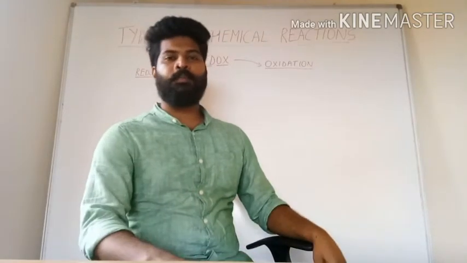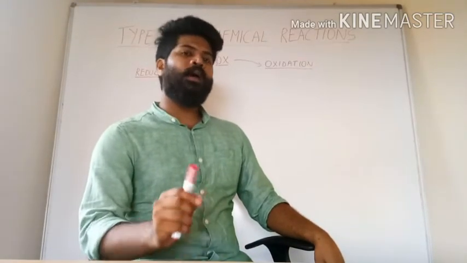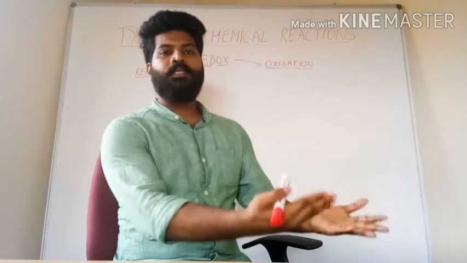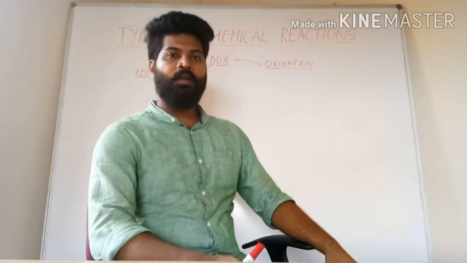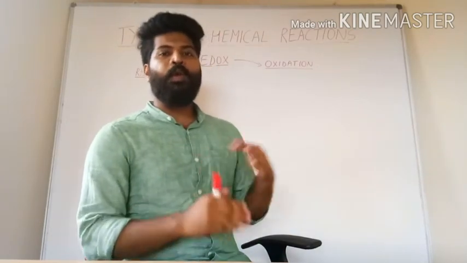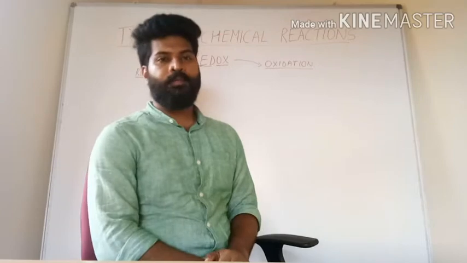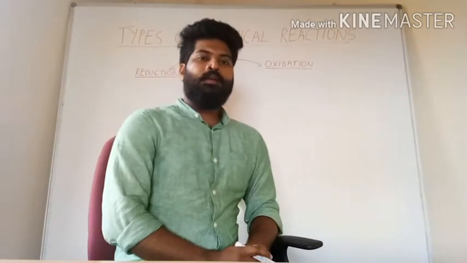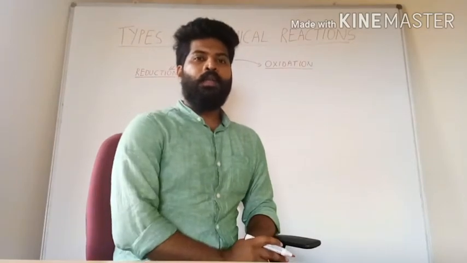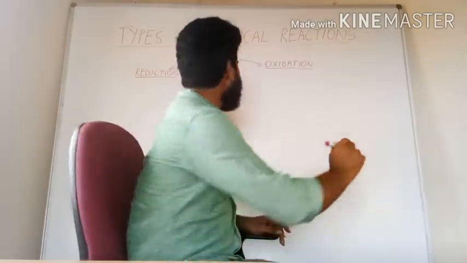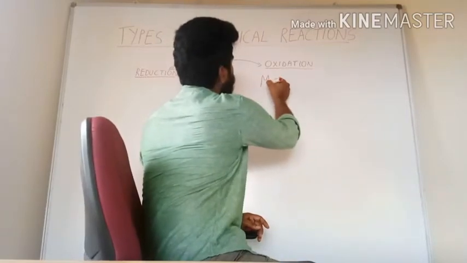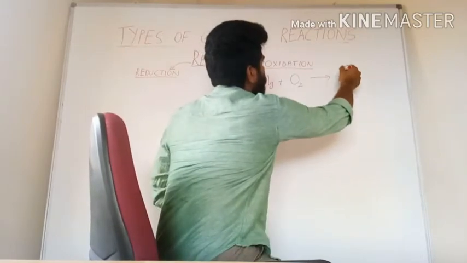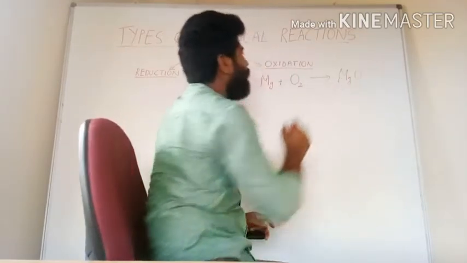As the name suggests, oxidation reactions are a type of chemical reaction where oxygen or an electronegative element gets added. Let's understand with an example. In the experiment where we burn magnesium ribbon, Mg in the presence of oxygen, we get magnesium oxide.